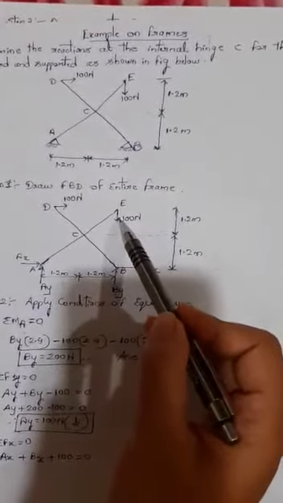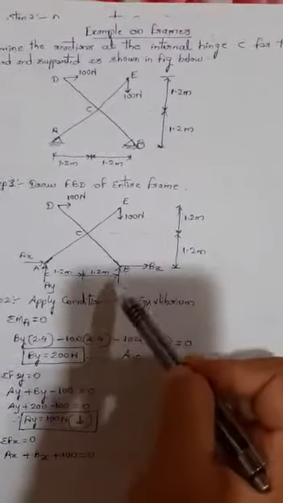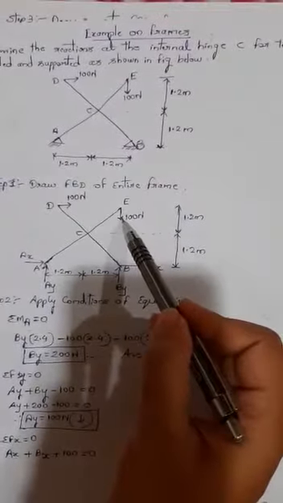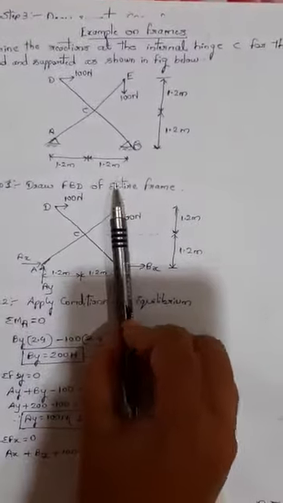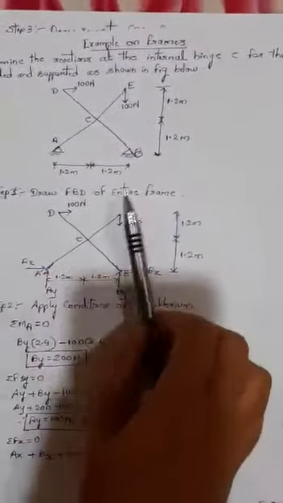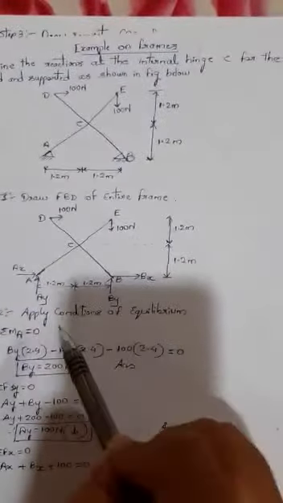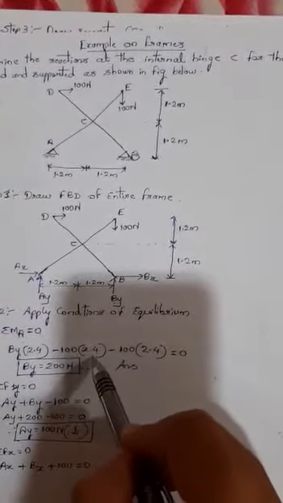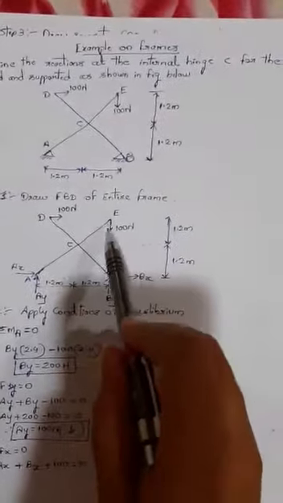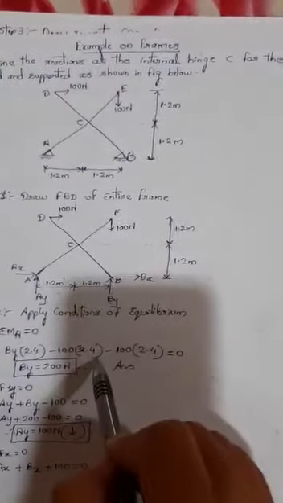Next, 100 Newton at E. It is acting in a clockwise direction; force is vertical, so distance will be horizontal. Clockwise I will consider negative: minus 100 into 2.4. 100 is the force and distance is 2.4.